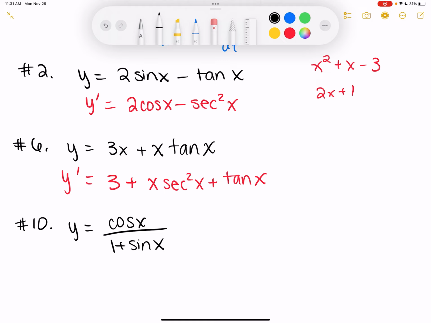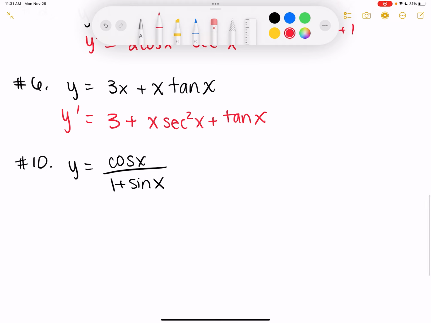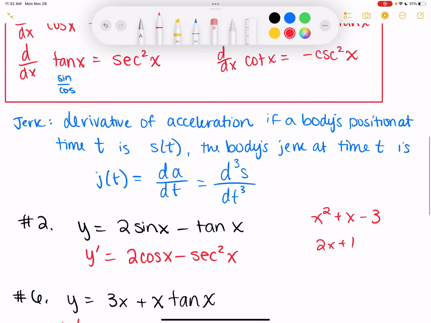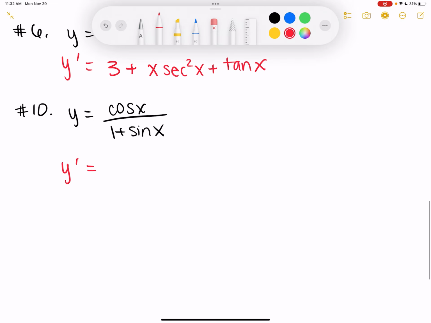So it's going to be the derivative of the top times the bottom minus the top times the derivative of the bottom. So y prime is equal to the derivative of the top, so the derivative of cosine of x is minus sine of x, times the bottom, so 1 plus sine of x, minus the top, cosine of x, times the derivative of the bottom.